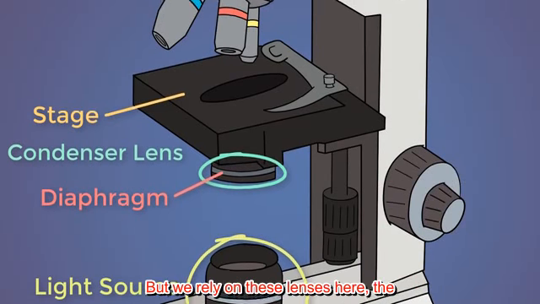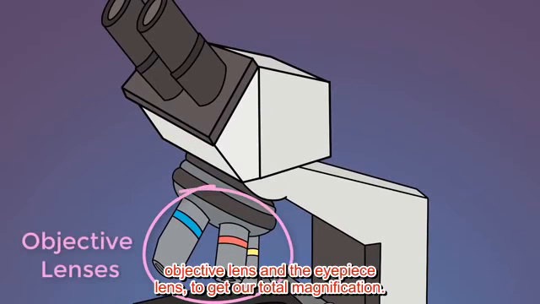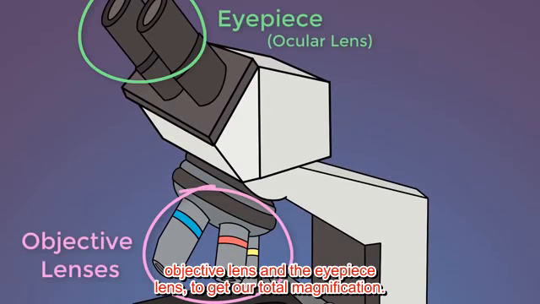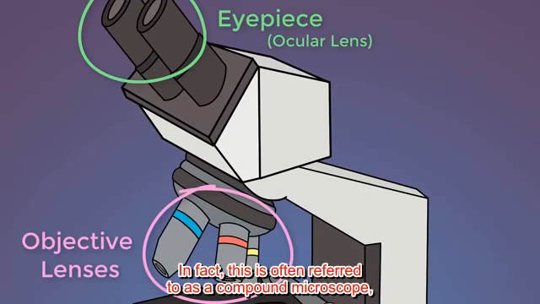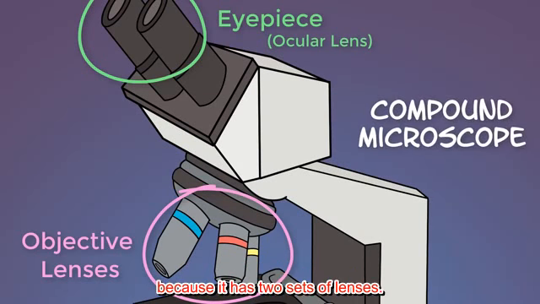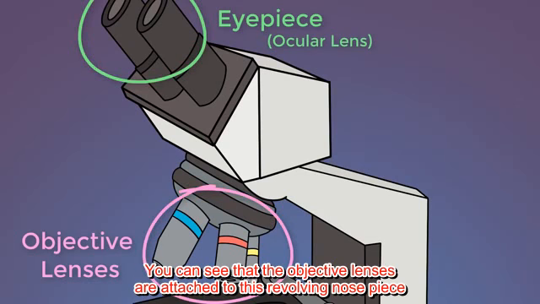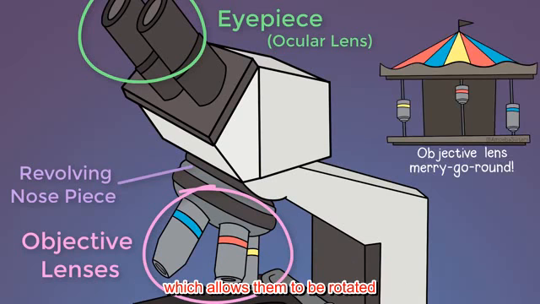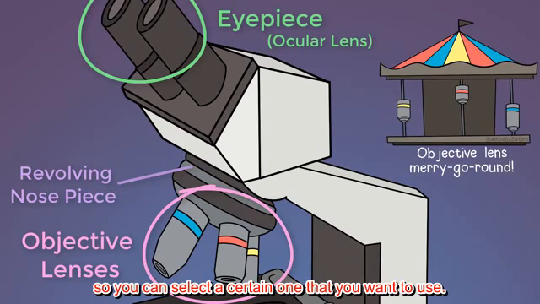But we rely on these lenses here, the objective lens and the eyepiece lens, to get our total magnification. In fact, this is often referred to as a compound microscope because it has two sets of lenses. You can see that the objective lenses are attached to this revolving nose piece, which allows them to be rotated, so you can select a certain one that you want to use.